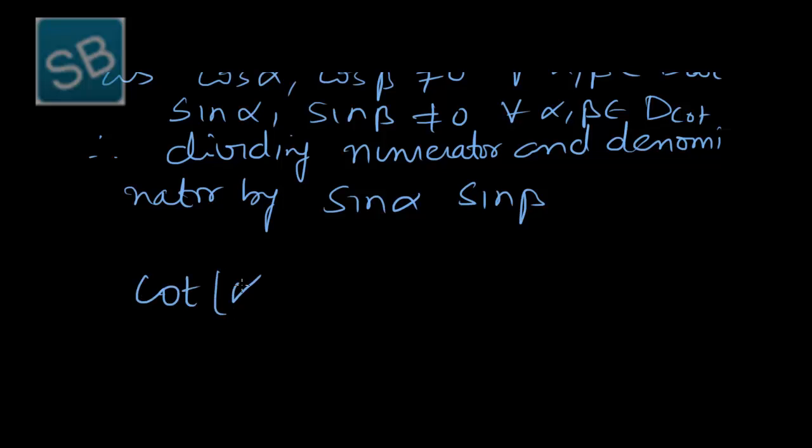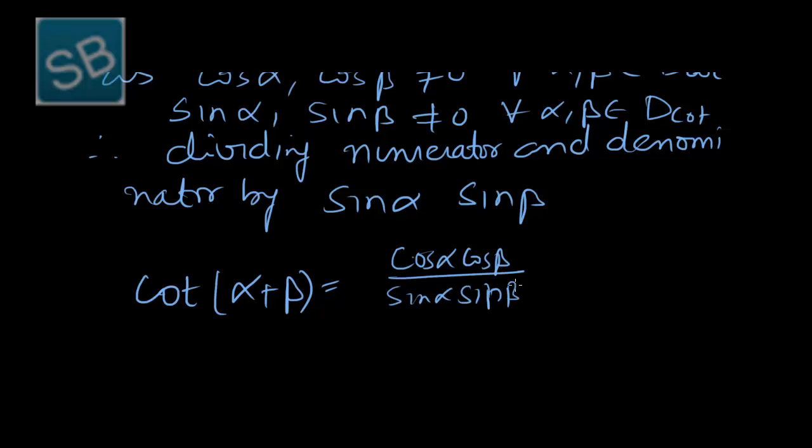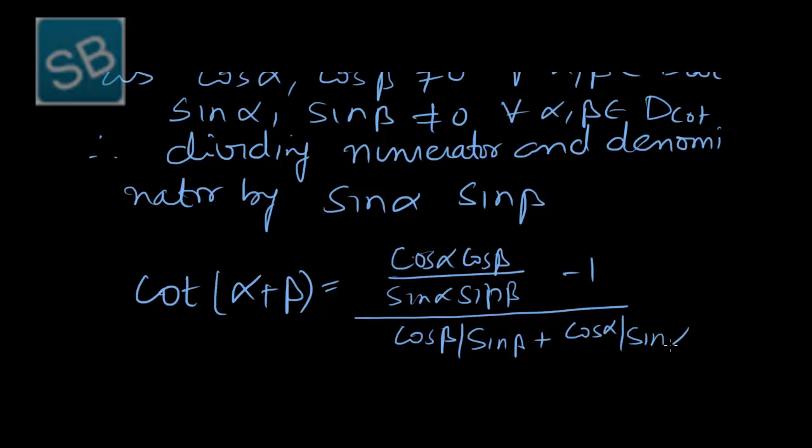So we get cot(alpha plus beta) is equal to, that is cos alpha cos beta over sin alpha sin beta, minus 1, over cos beta over sin beta plus cos alpha over sin alpha.